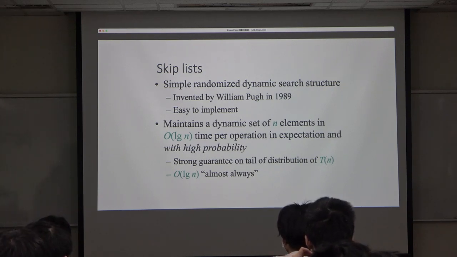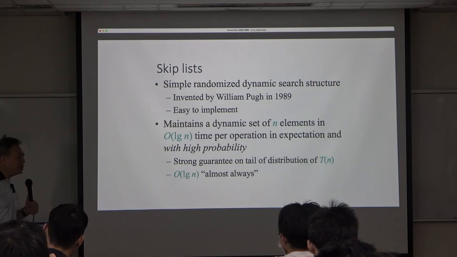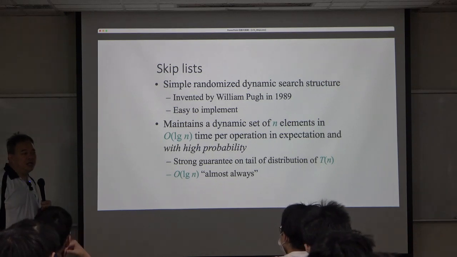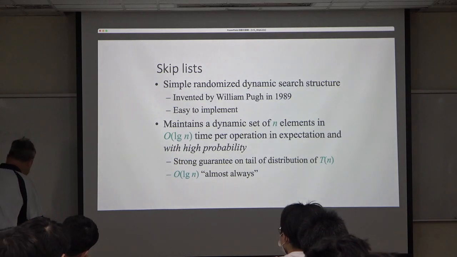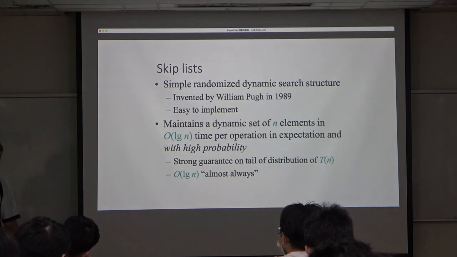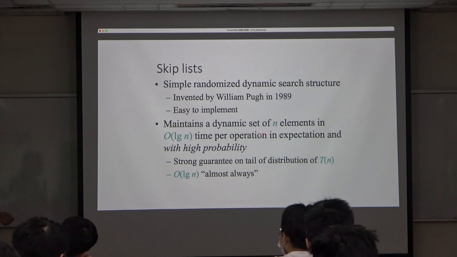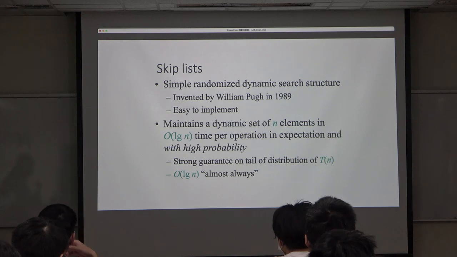Most textbooks do not cover skip list because it is relatively new, and a lot of textbooks cover what we call traditional ideas. Here we maintain a dynamic set of n elements in log n time per operation in expectation and with high probability.